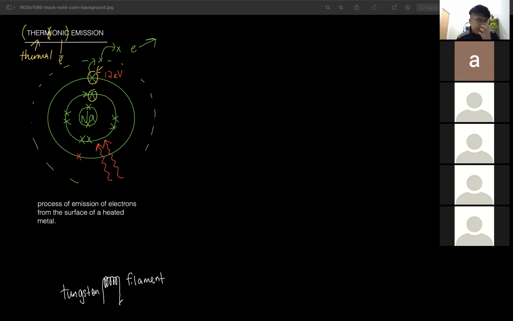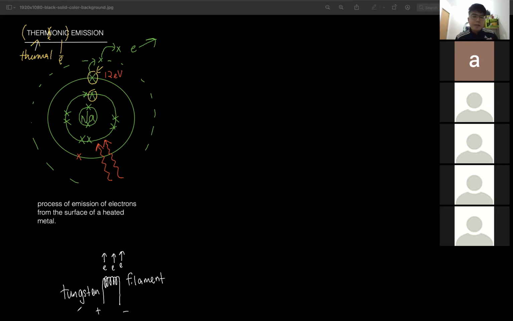Okay, what happened? They connect to electricity, plus minus, and then the electricity heat up this filament. And when they heat up the filament, what happened? Thermionic emission. So the electron will be emitted from the filament.